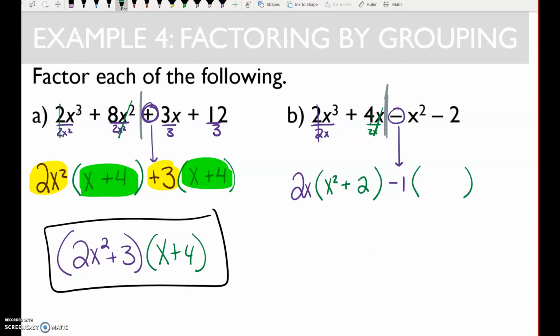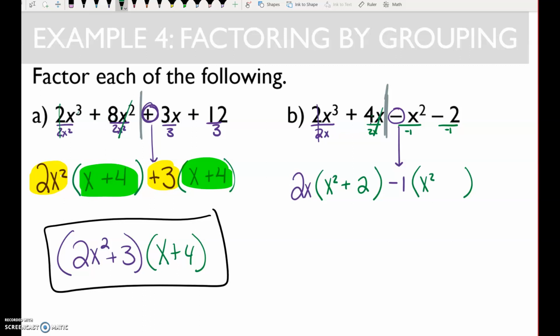In the second group, whatever the symbol is in front of the third term, use that symbol. X squared and negative 2 really don't have anything in common. If they don't have anything in common, they always have a 1 in common. So we're using the negative and they have a 1 in common. So we're going to divide both of these by negative 1. So negative x squared divided by negative 1 is positive x squared.